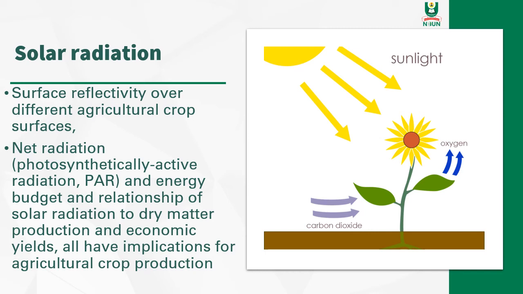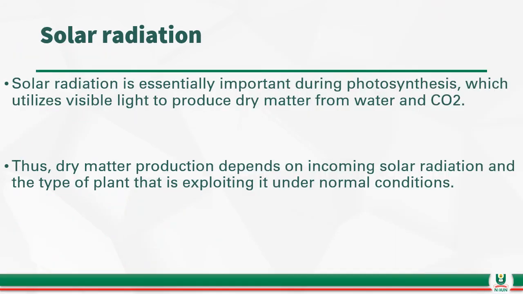You can see here in the picture, the sunlight emits its rays, and it helps the plant to respire. It helps the plant to get carbon dioxide for photosynthesis, and also helps the plant to release oxygen into the air. So that is it about solar radiation. Solar radiation is essentially important during photosynthesis, like I said, which utilizes visible light to produce dry matter from water and carbon dioxide.